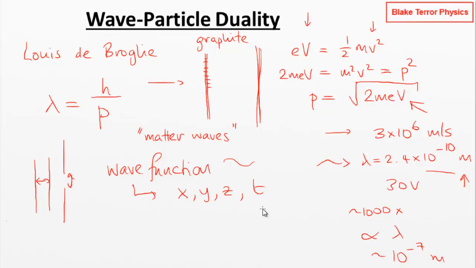And this wave function is describing, throughout space and time, the amplitudes of this wave, and the square of the amplitude, so the intensity of the wave, is equal to the probability of the particle being at a particular point in space and time. So we're dealing with probabilities here, and it's these probabilities that are interfering with each other.